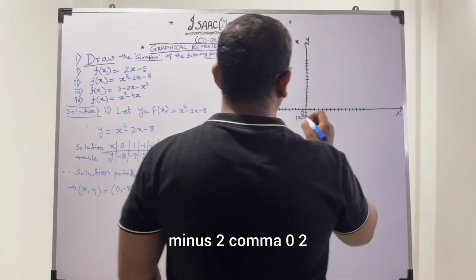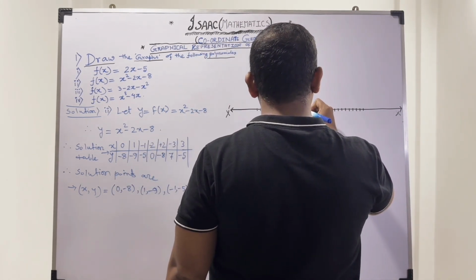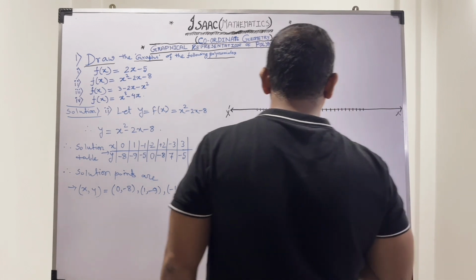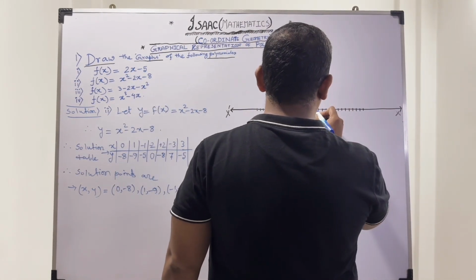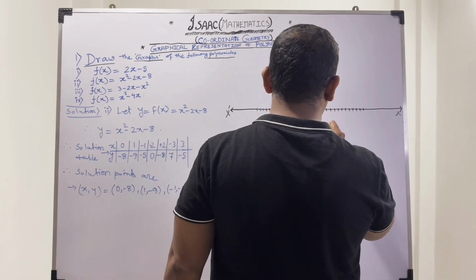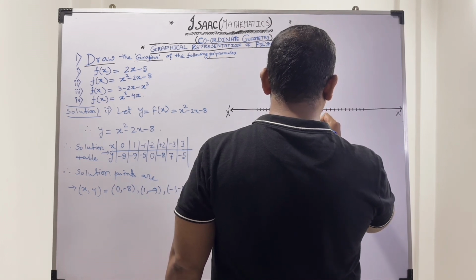Minus 2 comma 0. 2 comma minus 8. 1, 2, 3, 4.